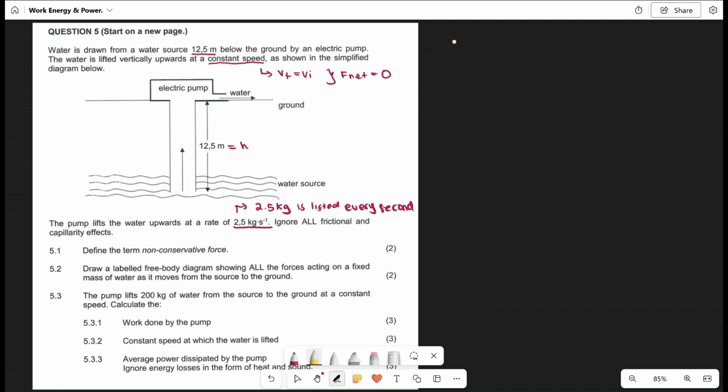So now we're going to look at 5.1, right? So 5.1, what do they want? They want us to define the term non-conservative force, right? So we're going to define it in a way that it is stated in the exam guideline, right?